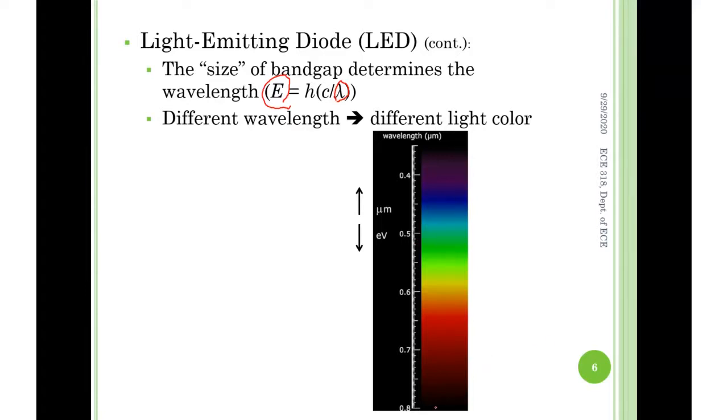Among these colors, tell me which color has the highest energy. Purple? Correct. In other words, from top to bottom, energy is dropping. Does that make sense?